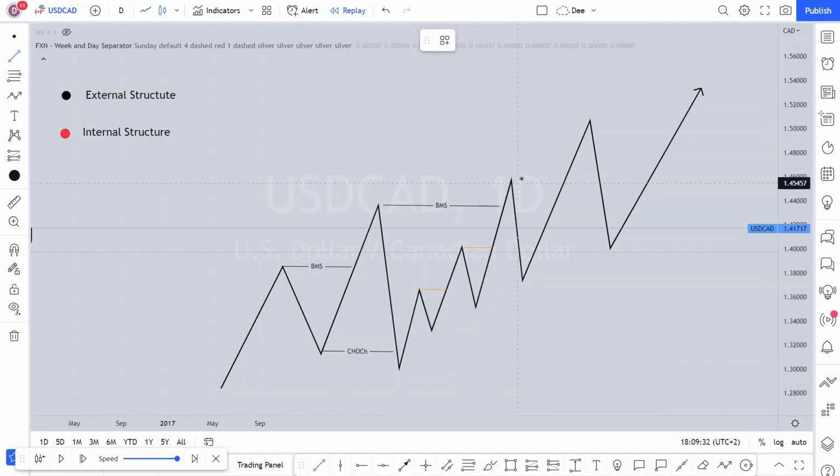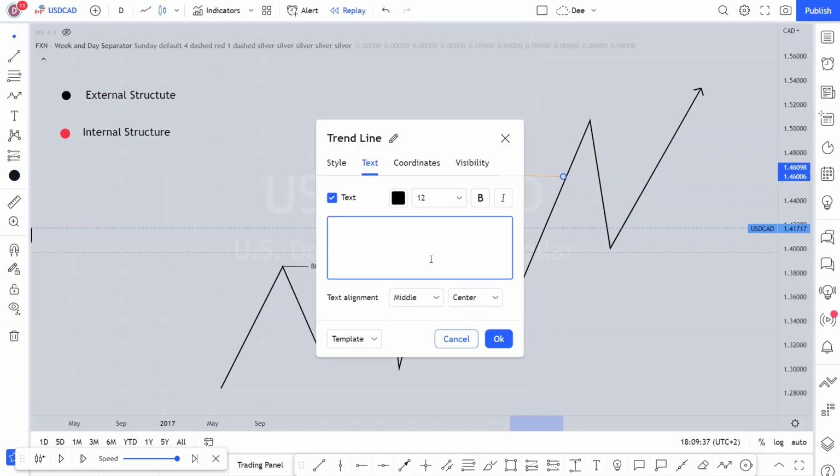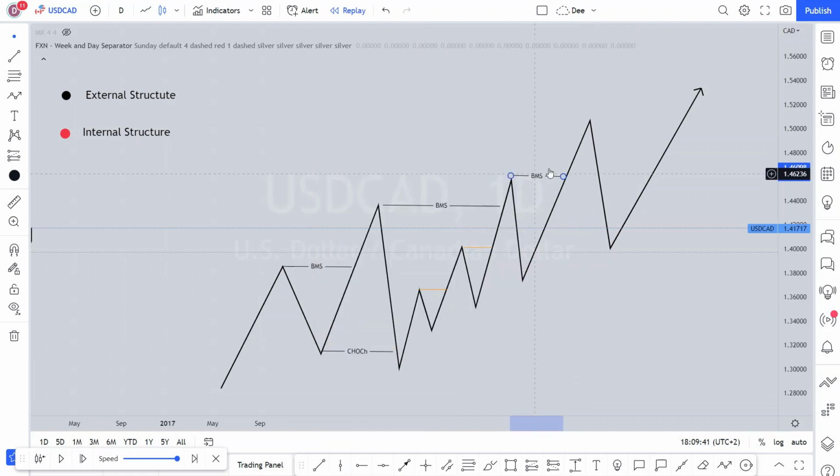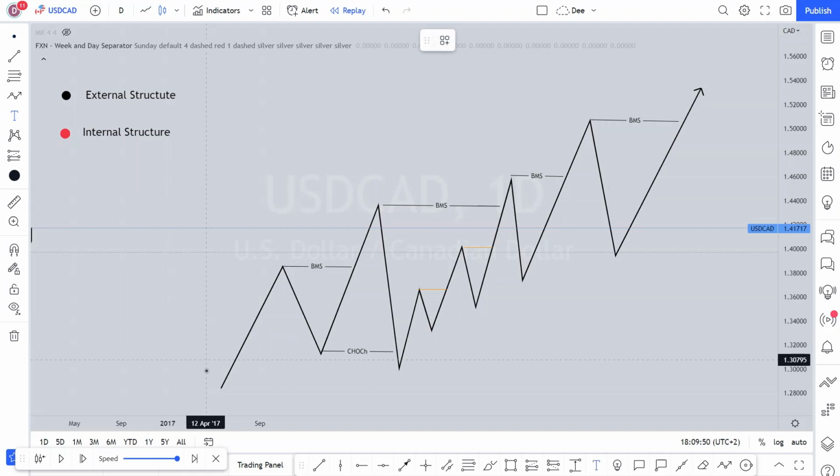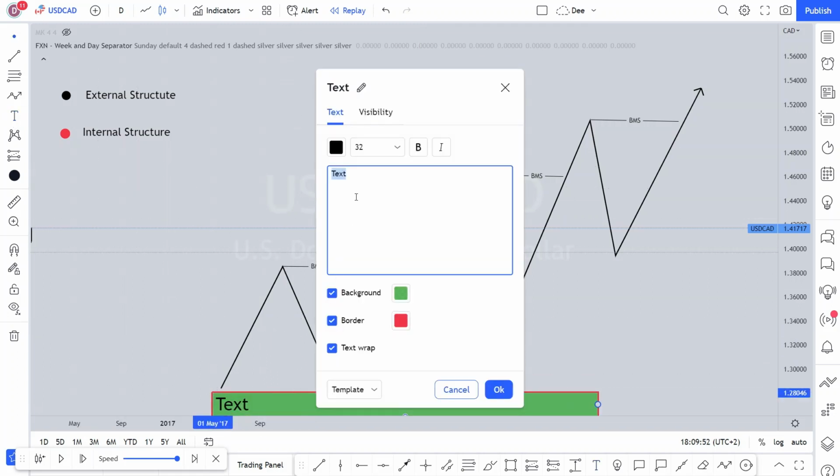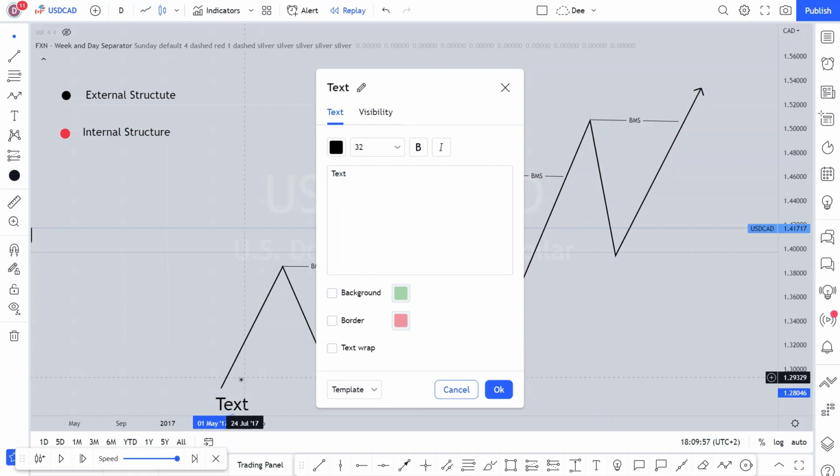Okay, so we have another break of structure here, another break of structure to the upside, and another break of structure to the upside again. What we have here is a higher low.